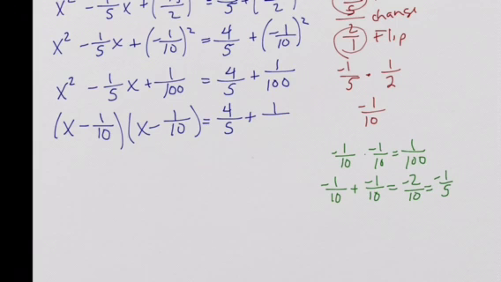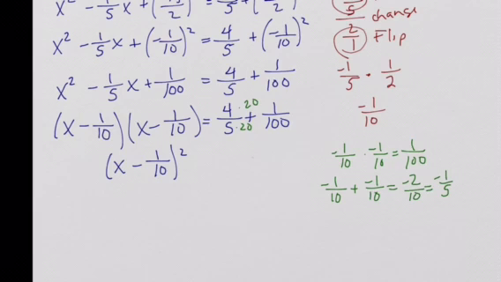We'll work with the right-hand side in a minute. This means we can have x minus 1/10 squared. Now, on the right-hand side, we're going to want a common denominator. So we've got to get the denominators to be the same. So if we look at this denominator is 100, this one's 5. I've got to multiply 5 times 20.